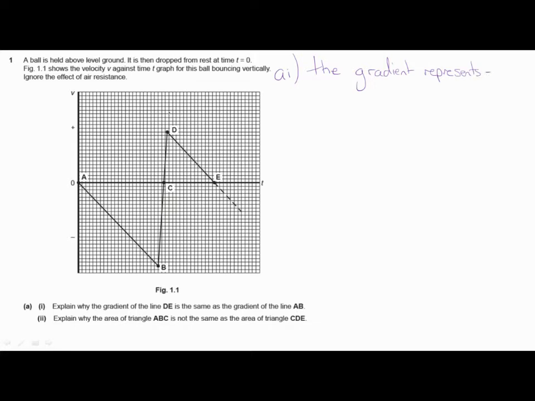Well, we've got a velocity time graph, as explained in the question. So the gradient of a velocity time graph represents acceleration. And so both parts of the graph, clearly then the acceleration is the same. So why is the acceleration the same?